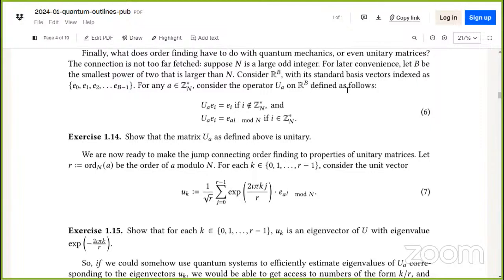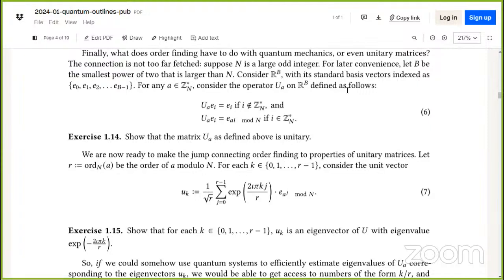The problem we were trying to solve is to find the order of A modulo N. Capital N is some big number with small n bits. So capital N is not 2 to the n; it's some number between 2 to the n minus 1 and 2 to the power n. It requires n bits, and we are trying to factor it. We saw that classically it can reduce to something called order finding.